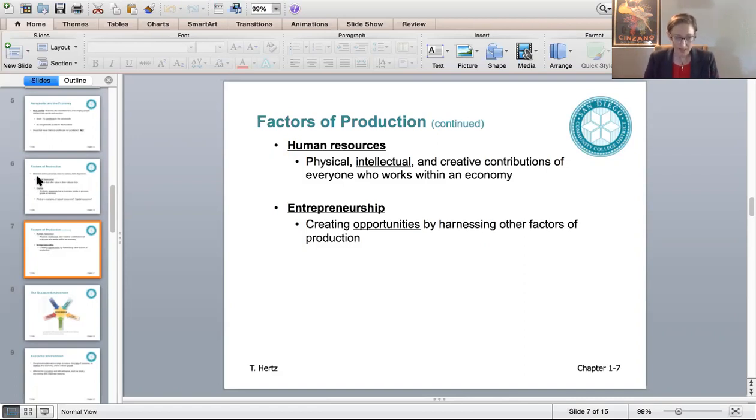And it's more possible here than anywhere else because of our economic system of capitalism, but also because here in the U.S. we have a really different view towards risk and towards failure. It's not such a big deal if we fail, we try again. And also there are a lot of government resources out there to help us as entrepreneurs, including the Small Business Administration and other resources. We'll talk more about that later.